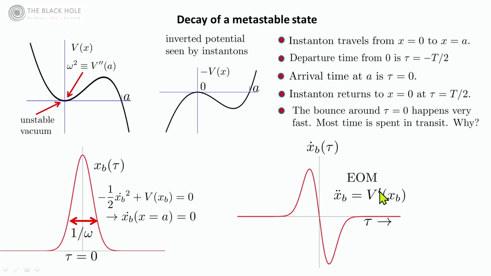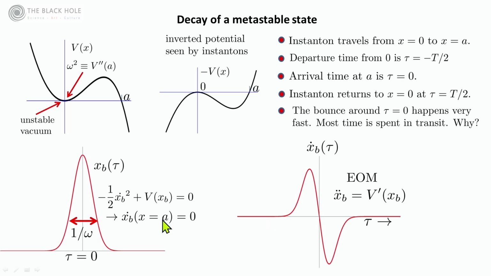Now look over here, V prime at A. So here you see that the slope is highly negative, which means that xb double dot is highly negative, which means that it's accelerating towards 0. And the bigger this is, V prime, the faster it'll go.